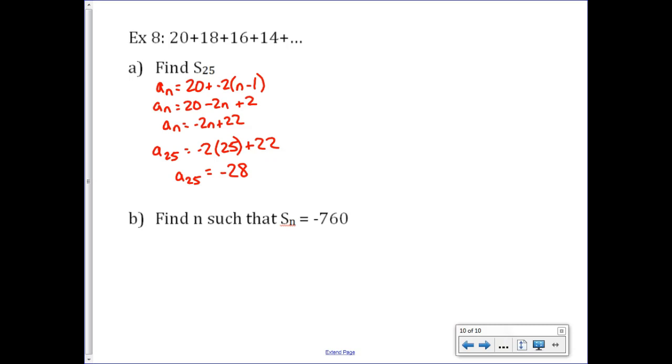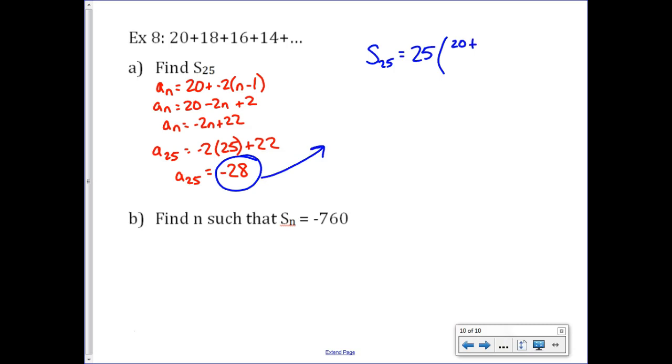Okay, now I can focus on finding the sum of the first 25 terms. So 25 is our number of terms. Our first term is 20. Our 25th term is negative 28.